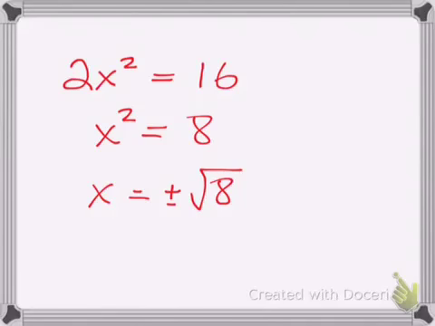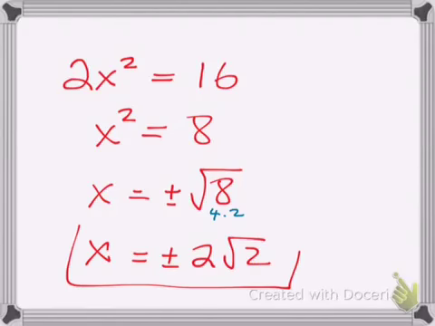No, because it has a perfect square that will divide into it, right? It's 4 times 2. So the 4 gets to come out as what? 2. And the 2 is trapped inside. So that's the simplified version of the answer.